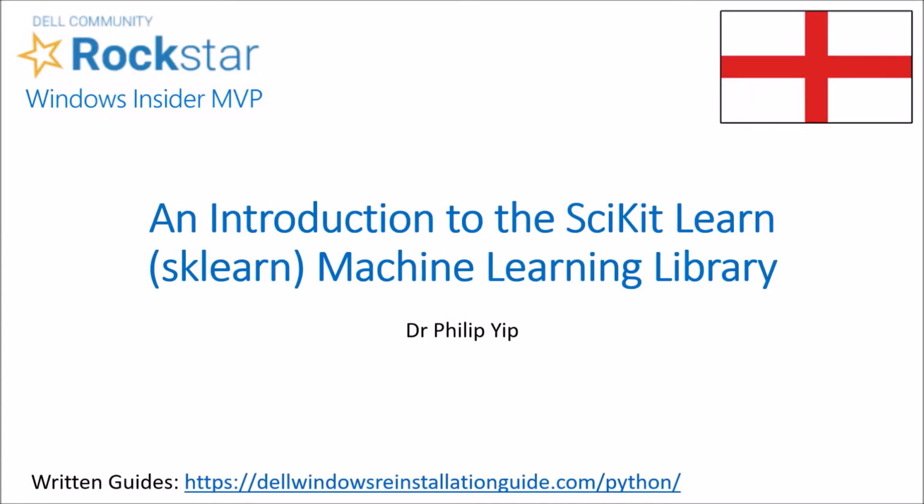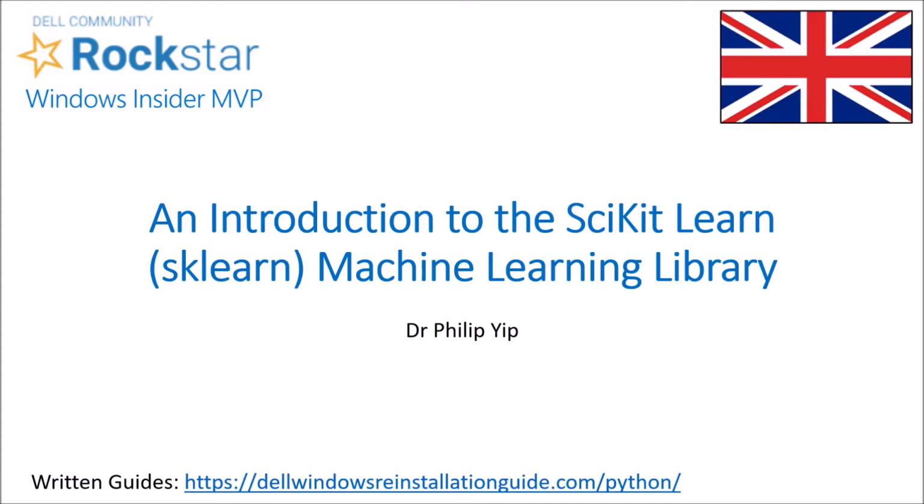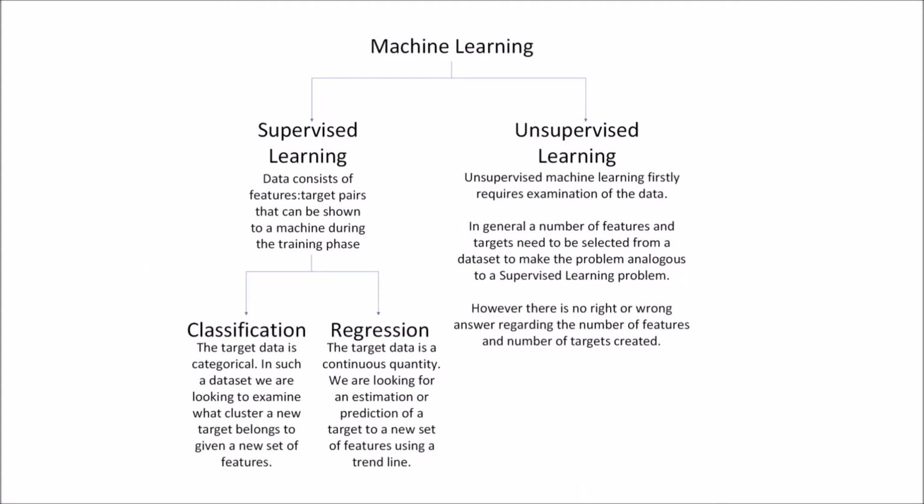In this video, I'm going to give an introduction to using the Scikit-learn machine learning library for Python. Now, as the name suggests, the Scikit-learn library is a scientific library, and there's quite a lot that you can do with it.